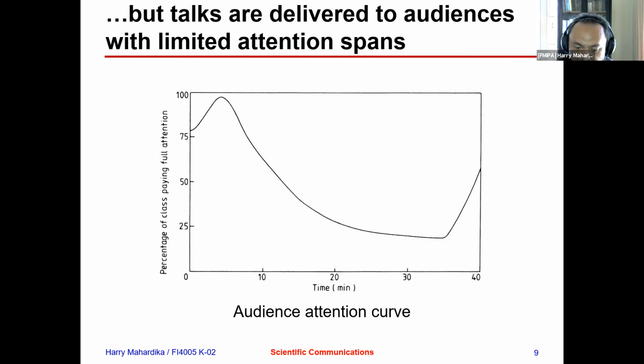So you, as a novice presenter, obviously in this class you're going to present 3 times: a 3 minute, a 10 minute, and a 15 minute presentation. You need to be aware that the attention of each listener or audience will have more or less the same behavior, even though you only have a 3, 10, or 15 minute talk.